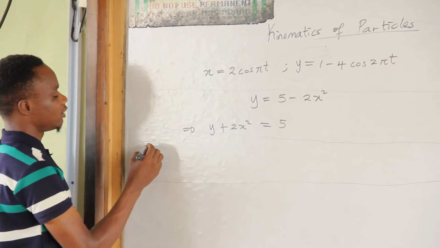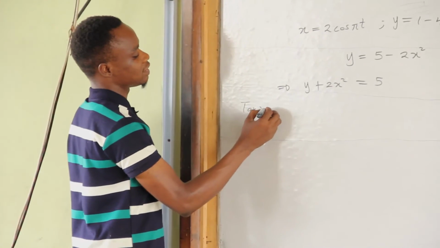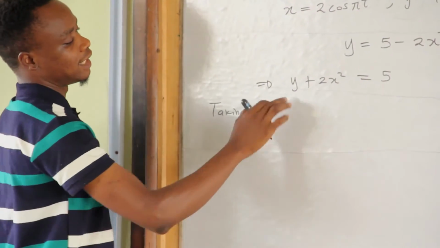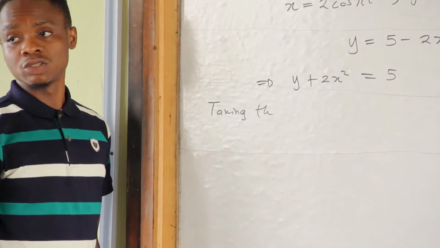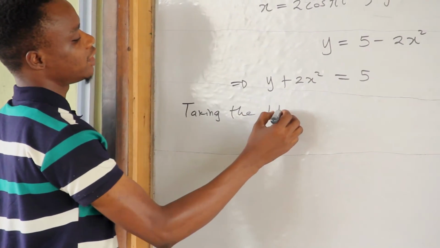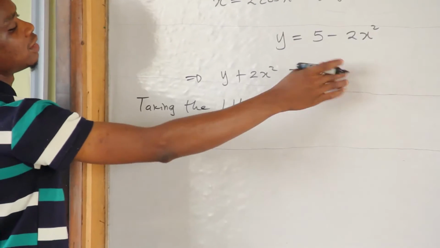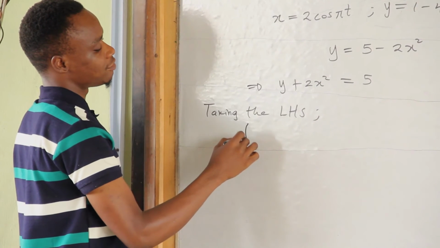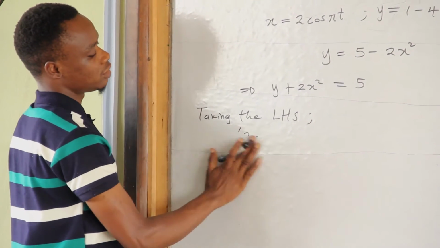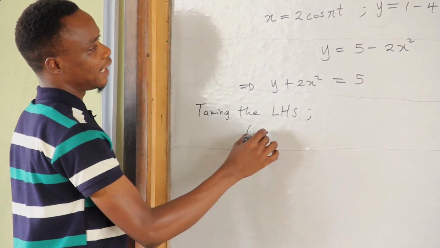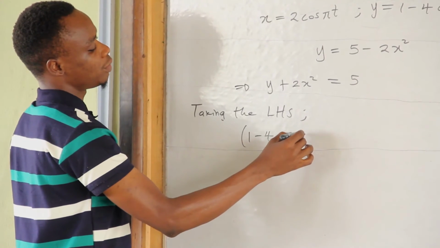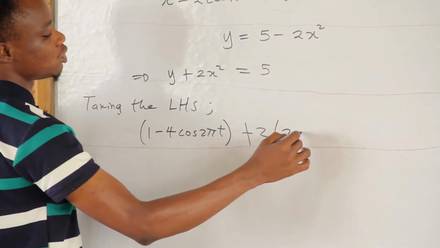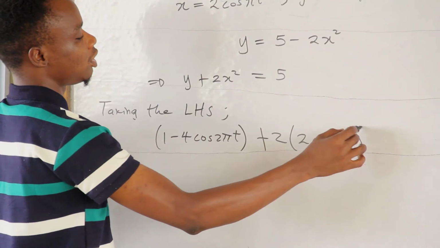So we take the left hand side and substitute the equations. We verify that it's actually part of this parabola. Does it make sense to you? Taking the left hand side, this is going to give us y, our y comes first. y is 1 minus 4 cos 2 pi t, plus 2 into x squared, that's 2 cos pi t all squared.